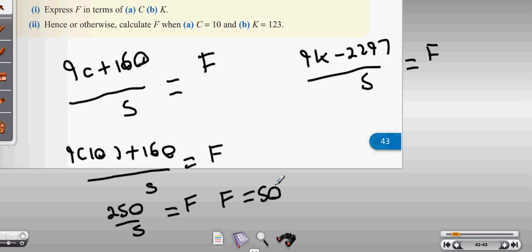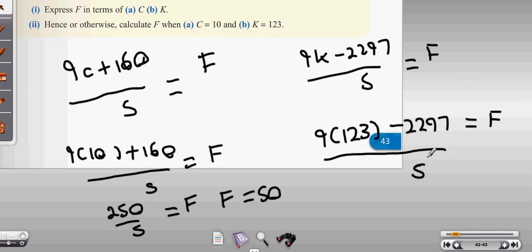Okay, the next question is 123. It wants K to be 123. So it's going to be 9 times 123 minus 2297 equals F, and we have to divide all this by 5.